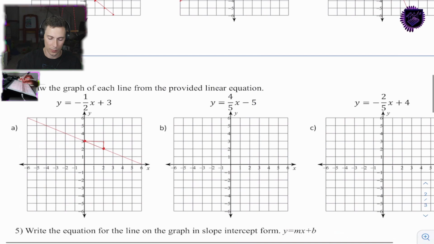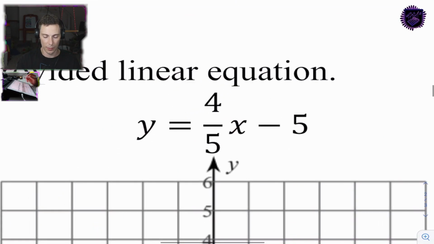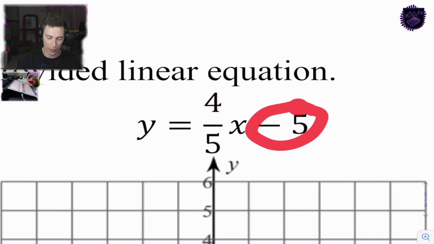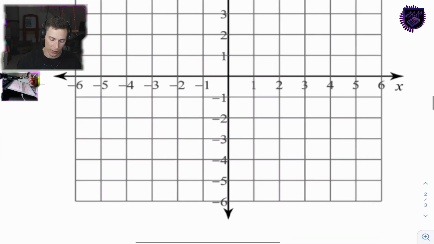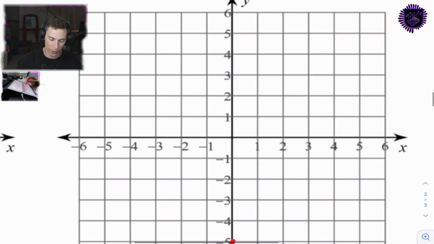Okay, let's look at our equation. It is a positive. Our slope is positive. 4 up for every 5 over, and my -5 is my intercept. So let's go to -5 as our intercept. Let's look at our slope, 4/5.